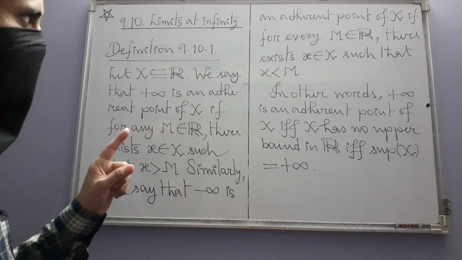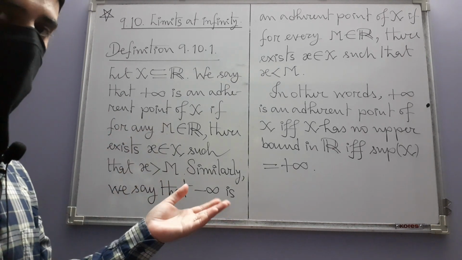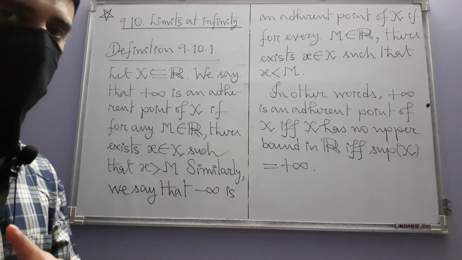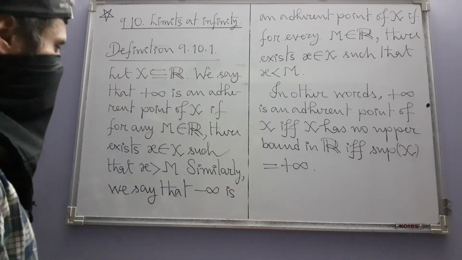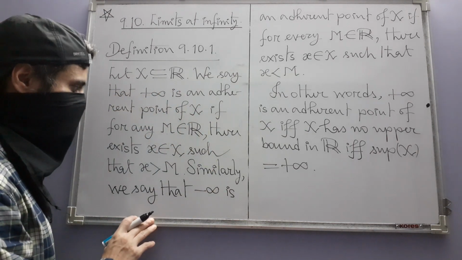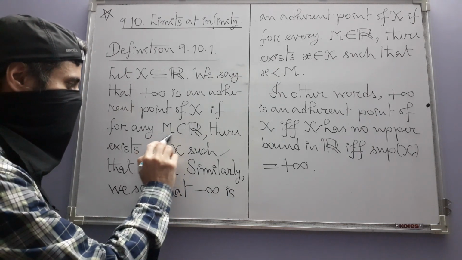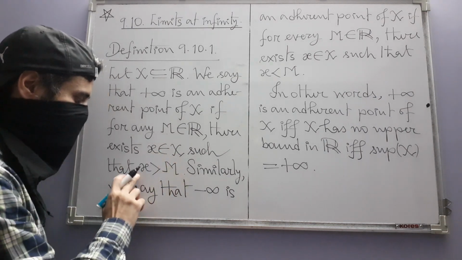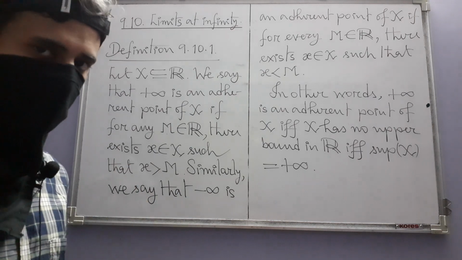Note one thing carefully, that this definition implies that X is non-empty, although we haven't said anything. Why does it imply that X is non-empty? Because if X is empty, then for no m will you find such an x in X satisfying this condition, let alone for all m.